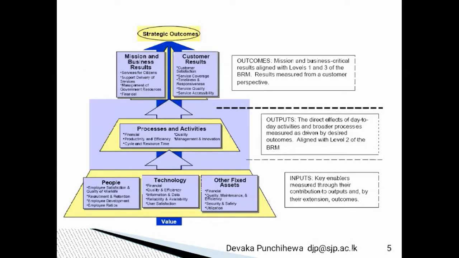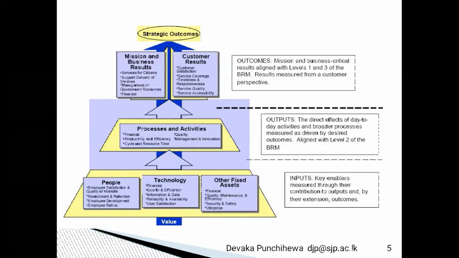In this diagram, you would see the more prominent way how you measure the performance in an organization, right? The first one is the strategic outcomes. When it comes to strategic outcomes, we have vision and business results. Under that, you find services for citizens and customers, support delivery of services, right?